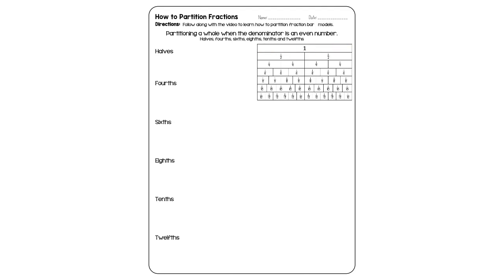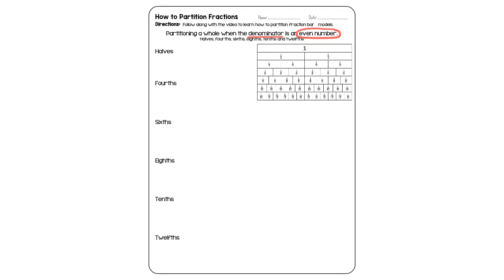We're splitting our whole when the denominator is an even number. So 2, 4, 6, 8, 10, 12 are all even numbers. So go ahead and circle even number. If your denominator is an even number, then we can do this. And of course we have halves, fourths, sixths, eighths, tenths, and twelfths.